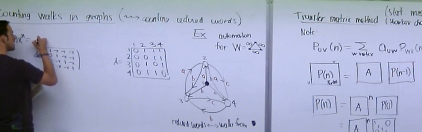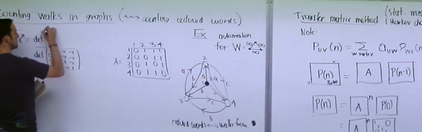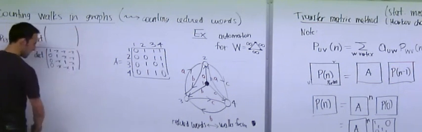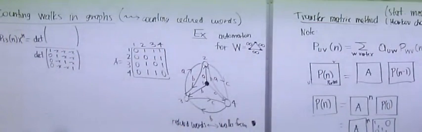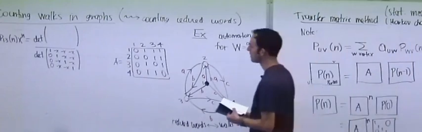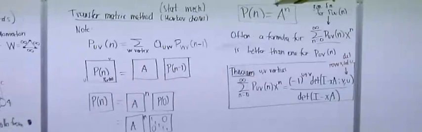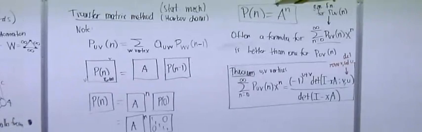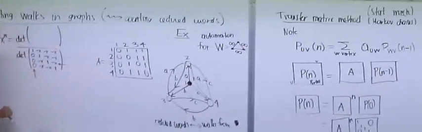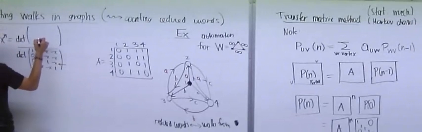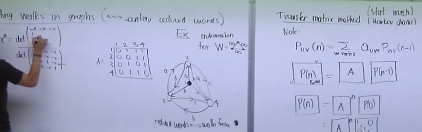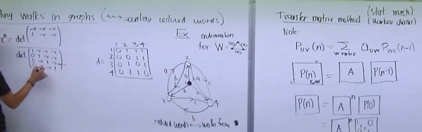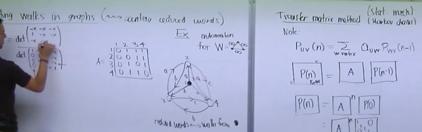Now, what do I put on top? Well, what I have to do is this same determinant, except that I have to remove row 3 and column 1. And so what I get is minus x, minus x, minus x, 1 minus x, minus x, minus x, minus x, 1.